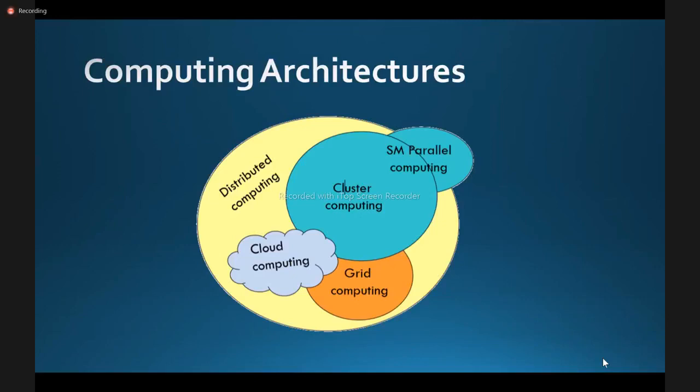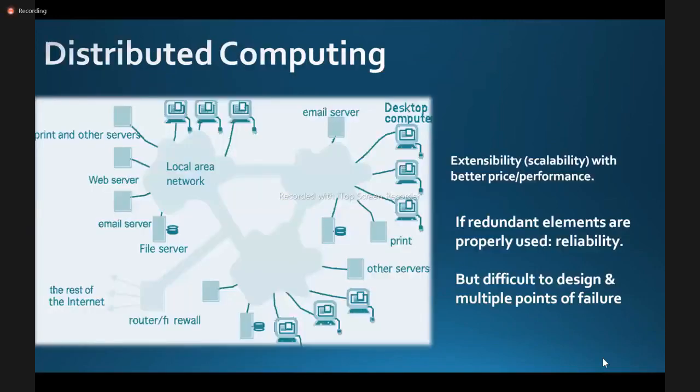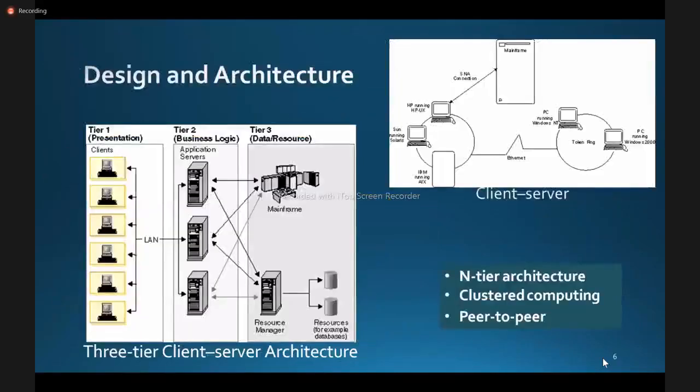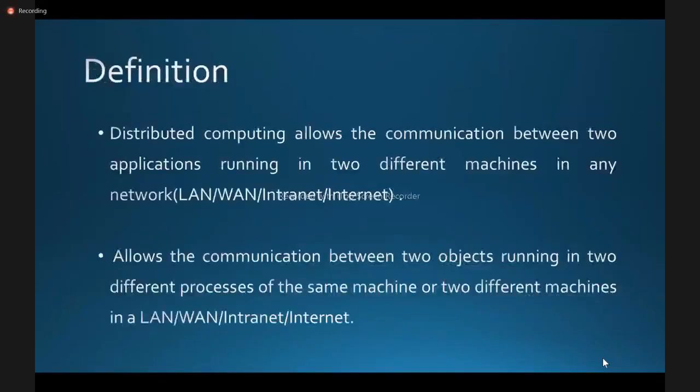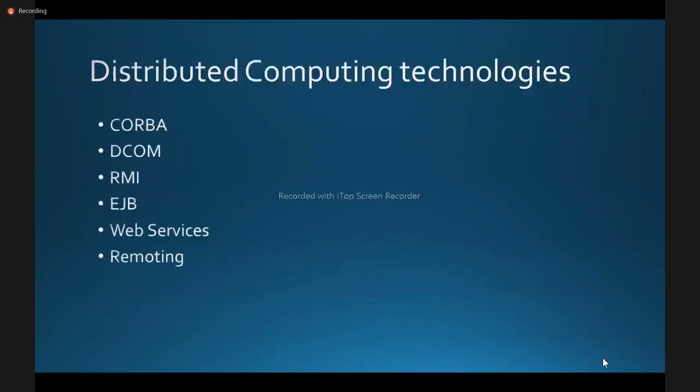Currently we are looking at distributed computing. Distributed computing means communication between two applications running on two different machines so that they can share information. Similarly, communication between two objects running on the same machine in two different processes, so they can share information. These are all distributed computing technologies.